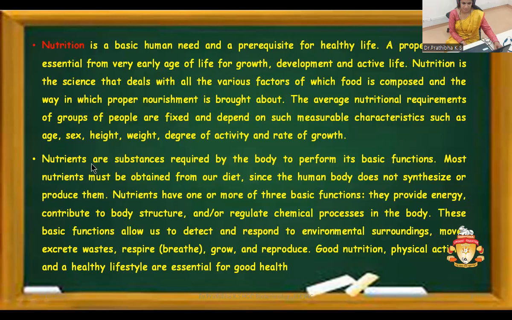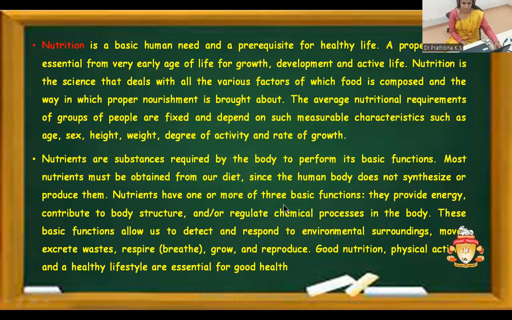Further, let us understand nutrients. The nutrients are substances required by the body to perform its basic functions. If you want to do any kind of basic function, the first and most important thing is that in our nutrition there must be a sufficient amount of nutrients. Most nutrients must be obtained from our diet, what we consume. Since the human body does not synthesize or produce most nutrients, we need to take them through our food.